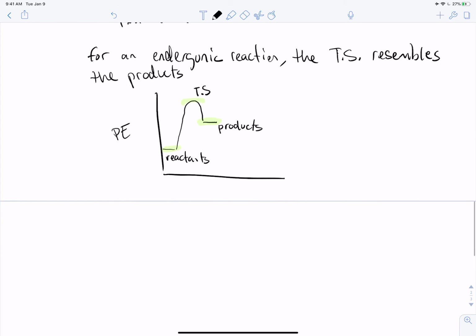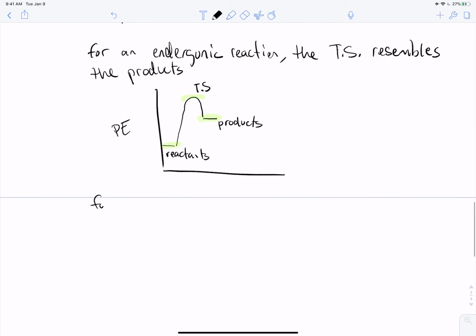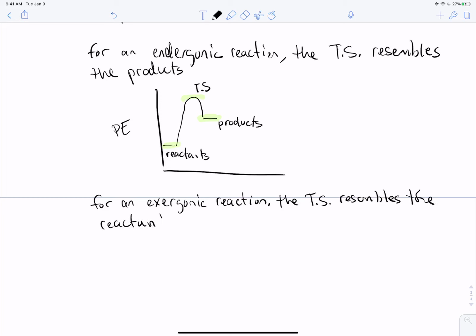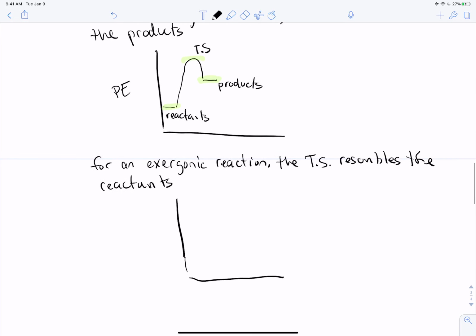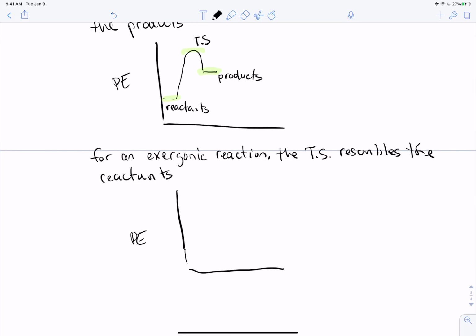Now if we look at an exergonic reaction, the transition state resembles the reactants, and this is where we started. So this corollary that you would expect to hold, in fact, does hold.